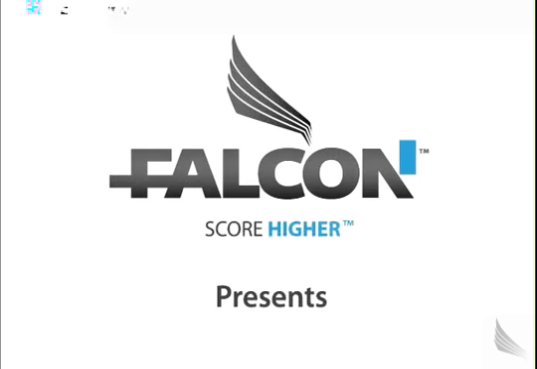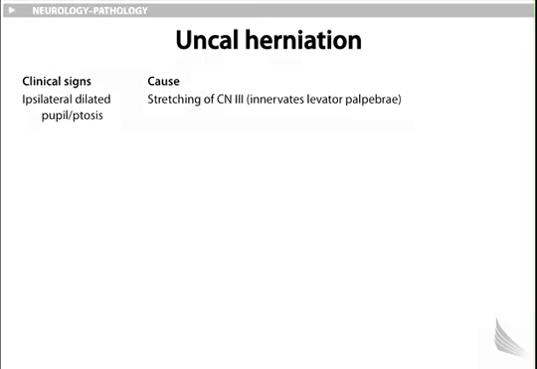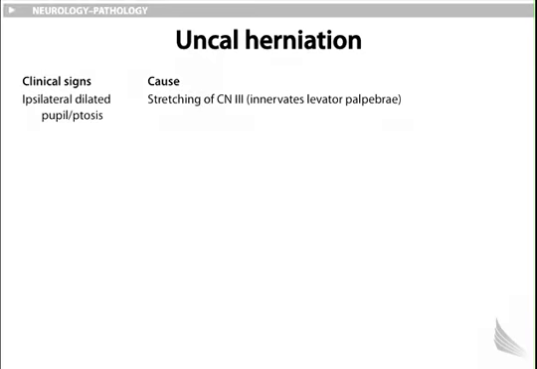Uncal herniation. Uncal herniation is normally associated with the following signs: ipsilateral dilated pupil and ptosis. This is caused by stretching of the third cranial nerve, and recall that this cranial nerve innervates the levator palpebrae.